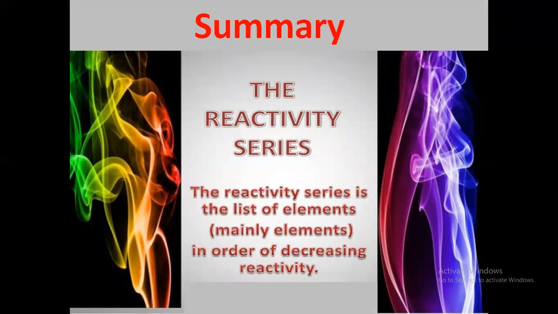Okay, students, what we have learned and discussed so far is that the reactivity series is the list of elements in order of decreasing reactivity, right? So most reactive metals are placed at the top and least reactive metals are placed at the bottom. The reaction of metals gradually becomes less reactive as we move down the series.